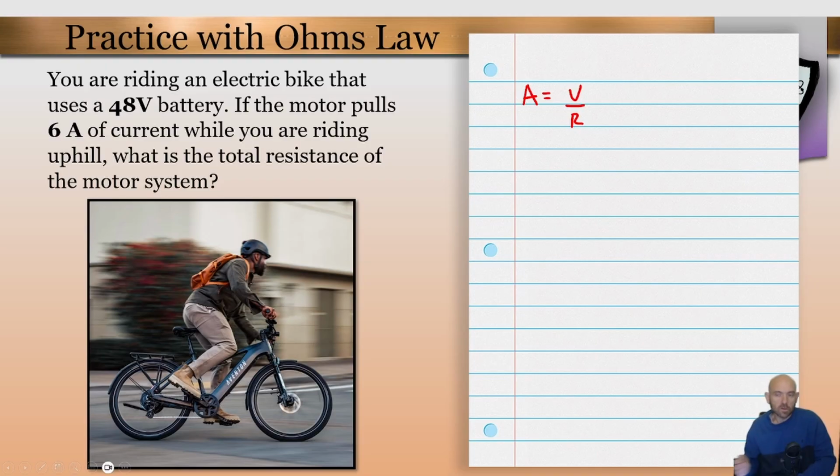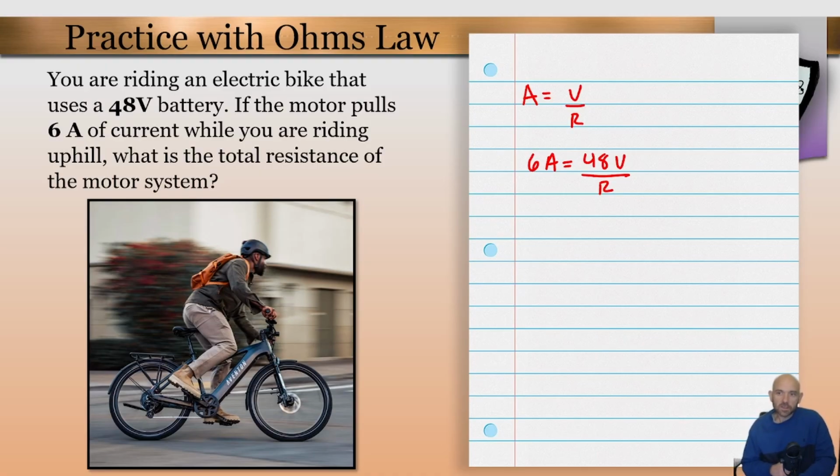In this case, we don't know the resistance. We do know the amperage and the volts. So we have 6 amps across an electrical potential of 48 volts. We don't know R, so that's what we're going to solve for.